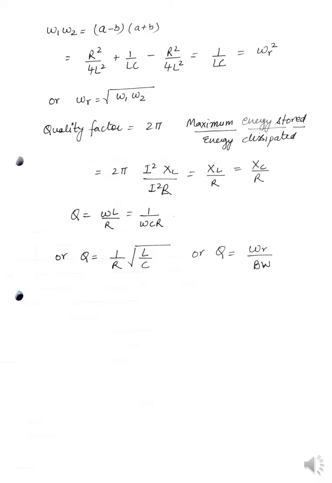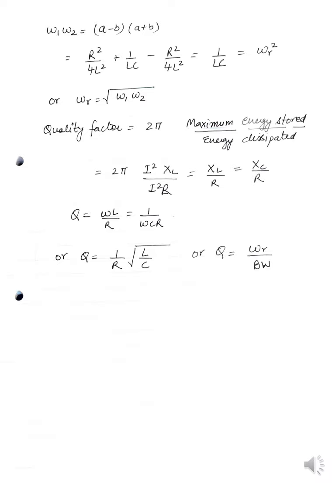I think I've missed the 2 pi term here. Okay, so 2 pi can be used, so it will be XL divided by R, or XC divided by R, and then it will be equal to omega L divided by R, as XL is equal to omega L, and 1 upon omega CR.